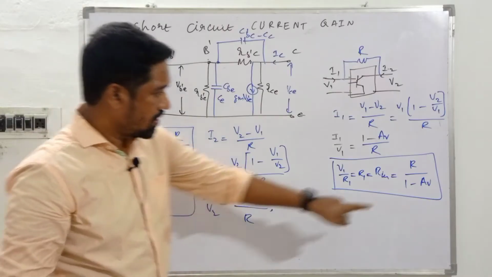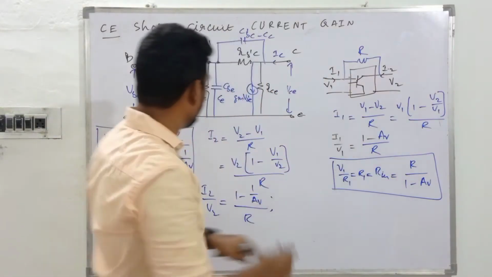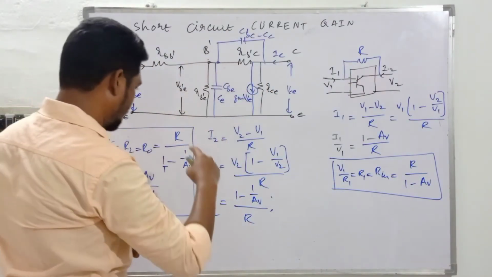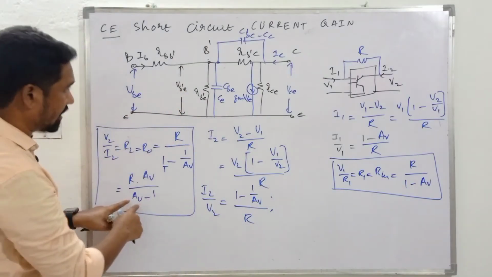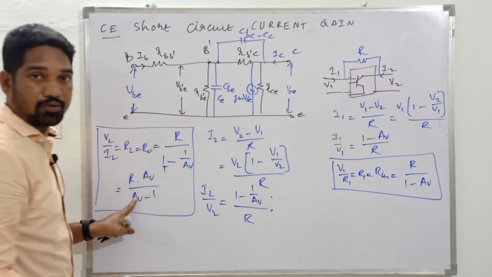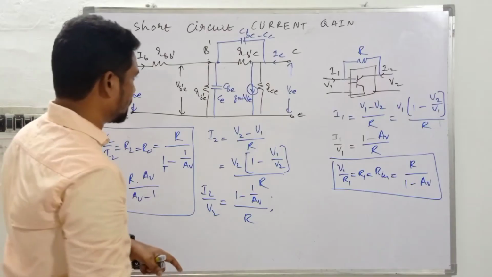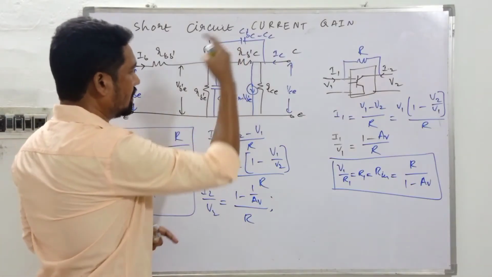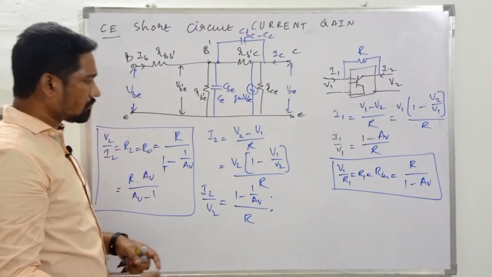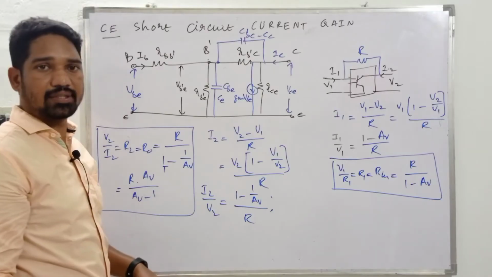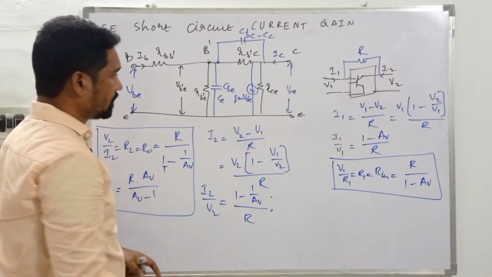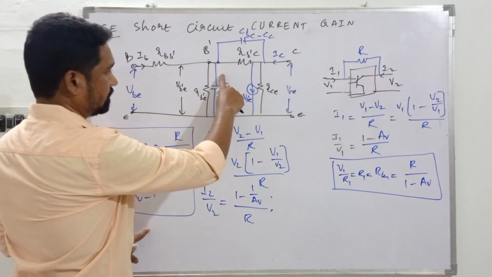According to Miller's theorem, this is the amount of resistance to be placed in the input, removing this one, and this is the amount that should be placed over here at the output. This is applicable for resistance and capacitance. And guys, to be more clear, we consider the reactance of the capacitance to be placed over here.